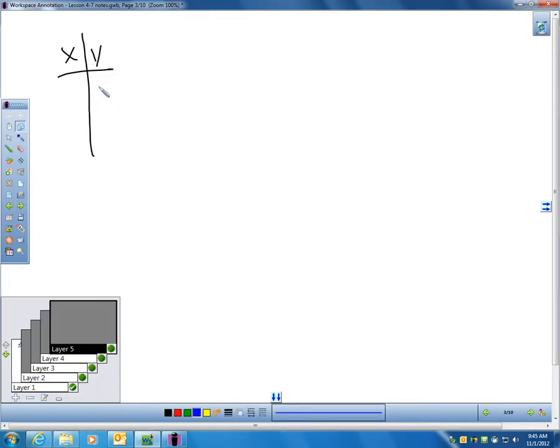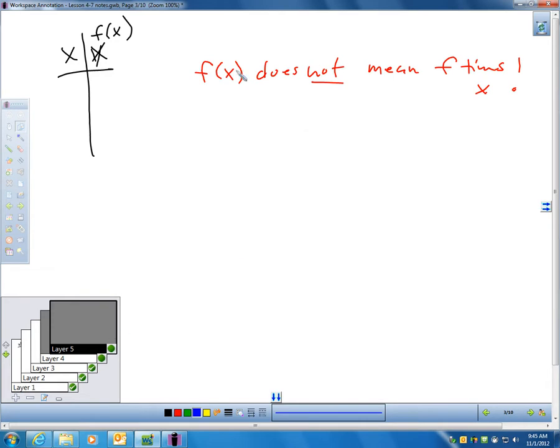Remember, when you graph, sometimes we make an x-y table to graph. We could also think of that table as an f of x table, because f of x and y are the same thing. It's important to know, I'm putting this in red because this is flat out wrong, f of x does not mean f times x. This does not mean a variable f times a variable x.